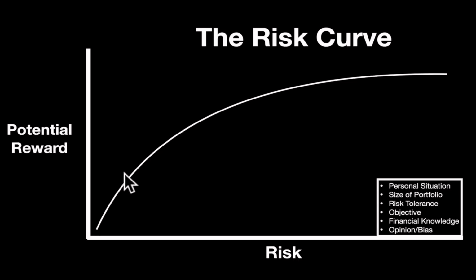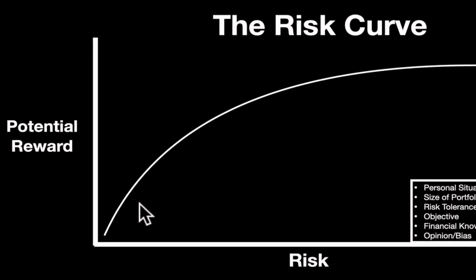You can head further down the risk curve if you want to start picking your own individual stocks. You can make a much bigger potential reward, but you are taking more risk that an individual stock can go out of business. And you can head all the way down to things like penny stocks, where you could be making 100x on your money, but again, this is very risky.